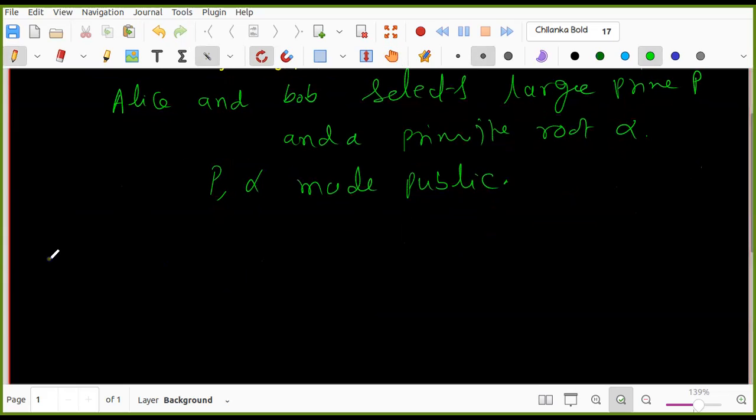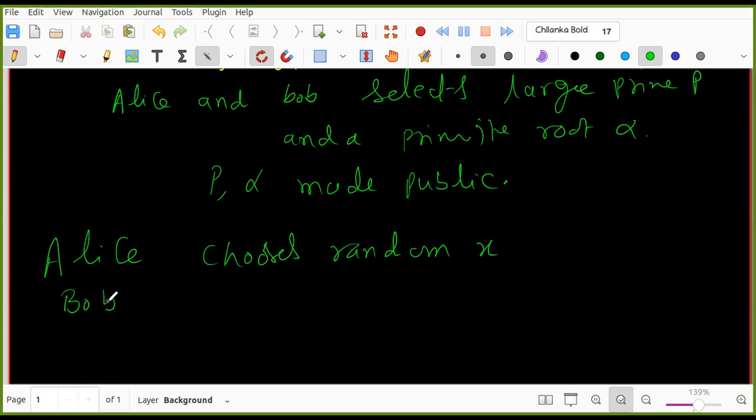So first Alice chooses a random x, and Bob chooses a random y.